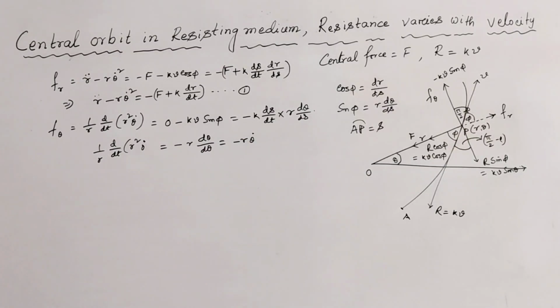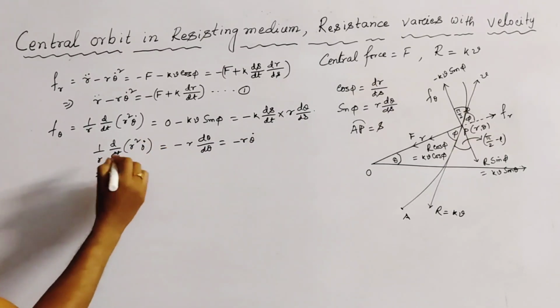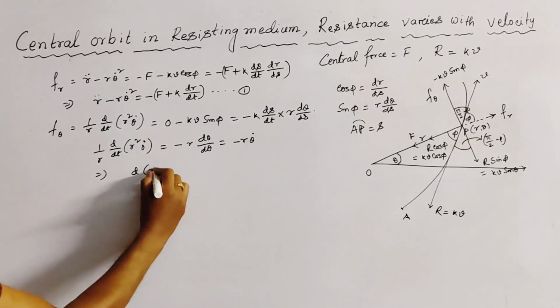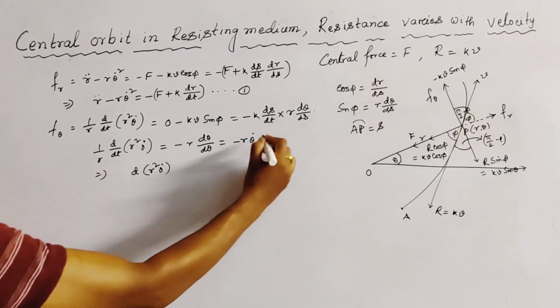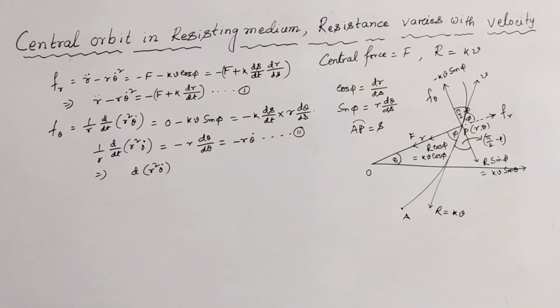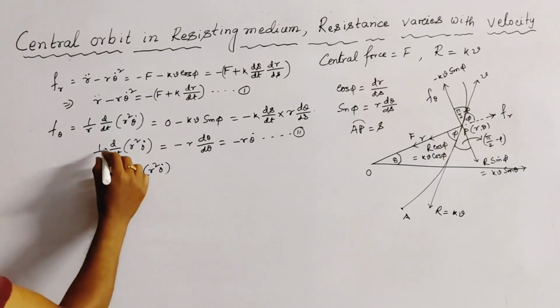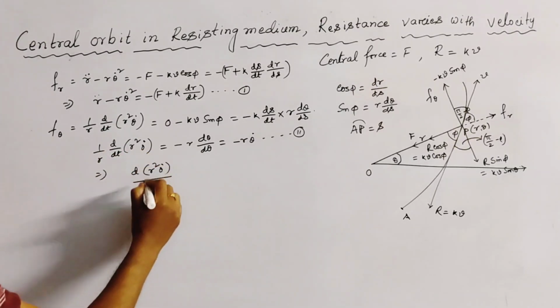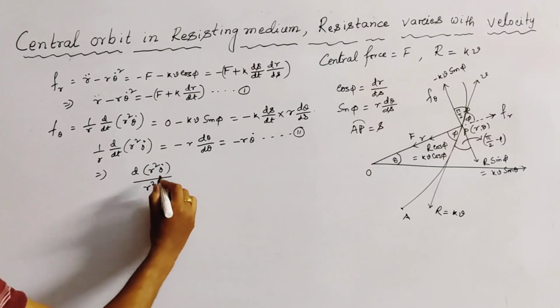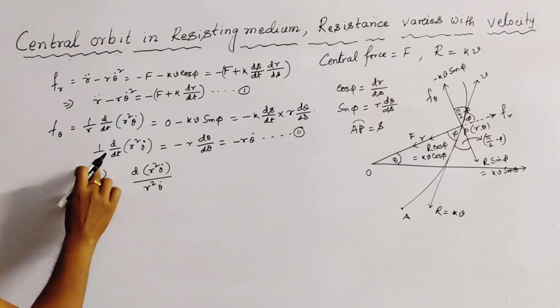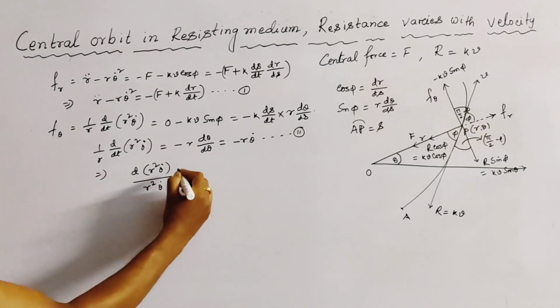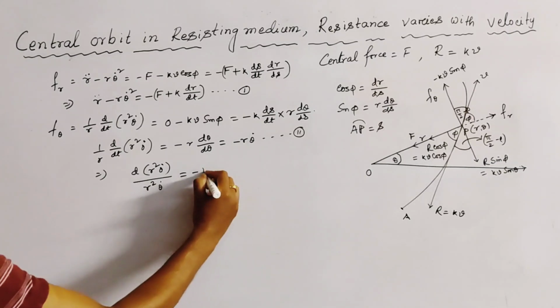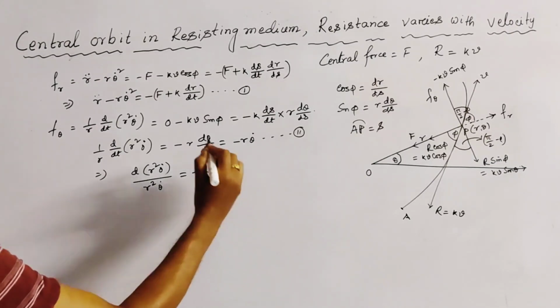From this relation we get d of (r square theta dot), named as equation number 2, divided by r square theta dot, equal to minus k into dt.